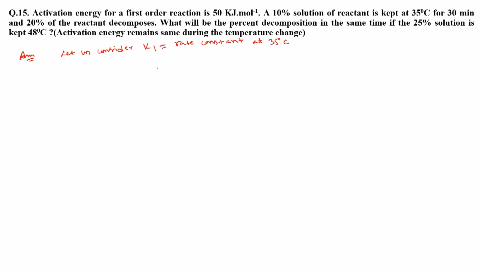So, K1 is 1 by t ln A naught by A, the concentration of A naught by A. Now, the concentration of A naught is A.